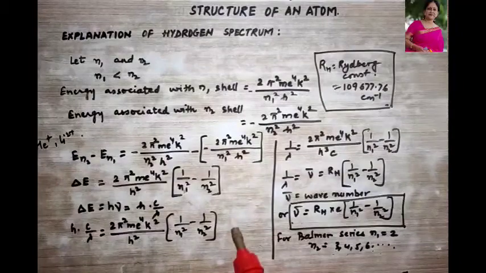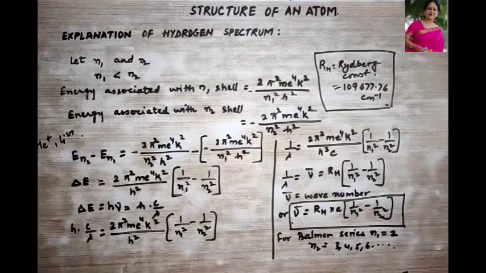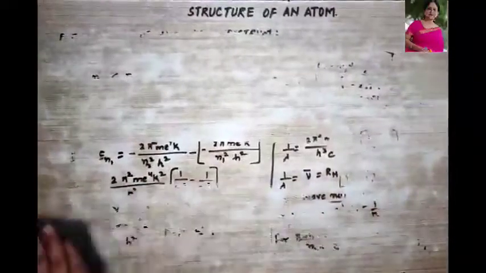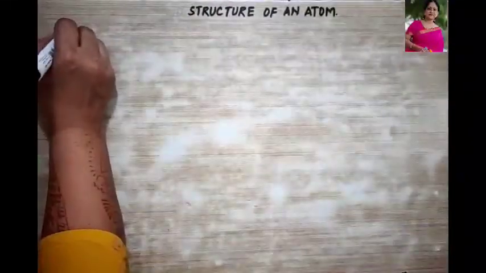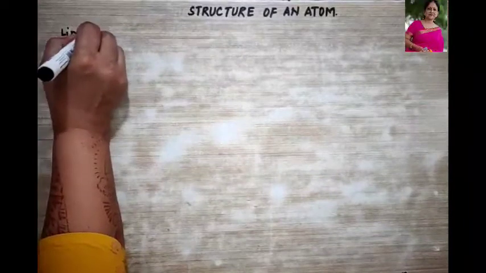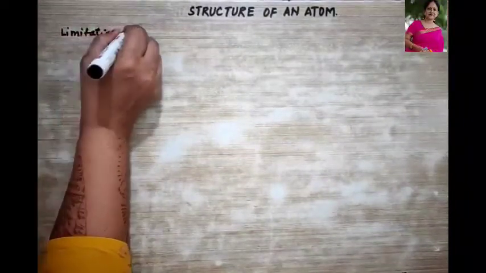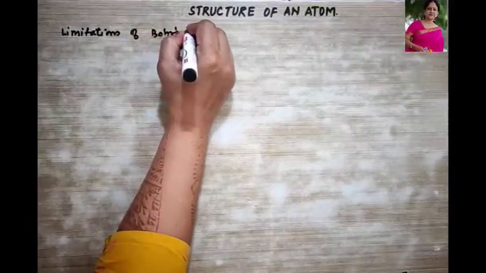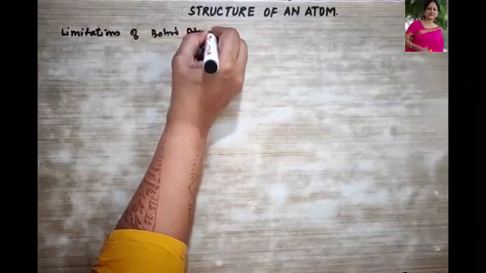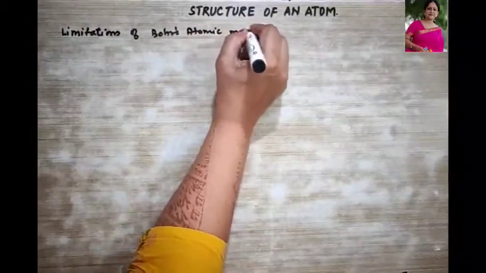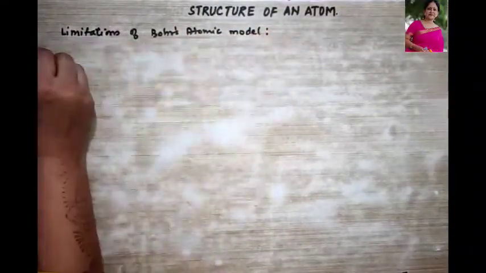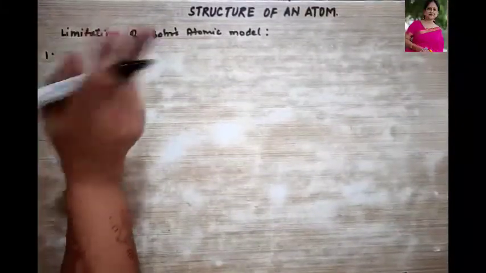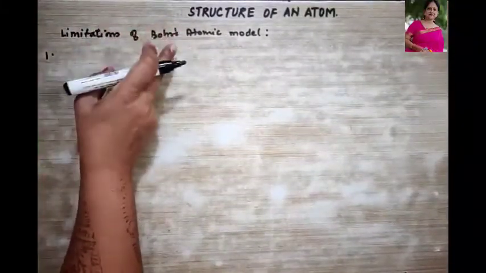Now let us come to the limitations of Bohr's model. So I'll mention over here the limitations of Bohr's atomic model. Now, the first point, it does not explain the spectra of multi-electron atoms as we have been discussing.